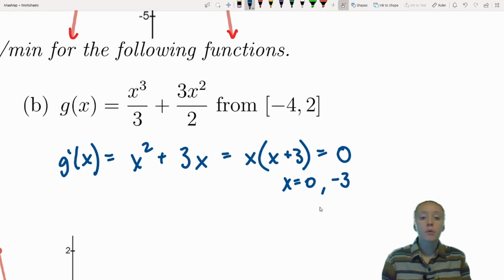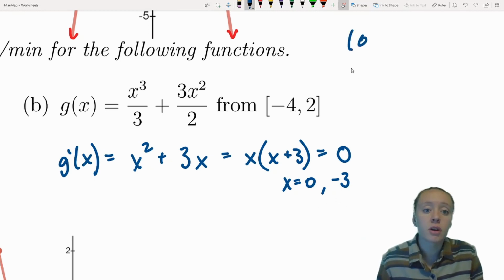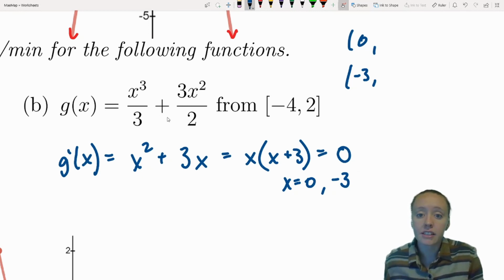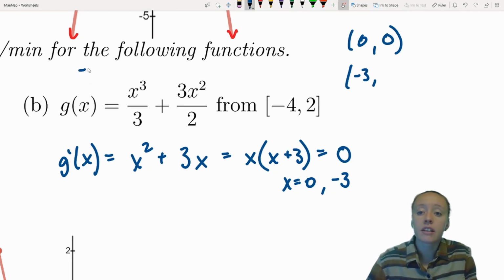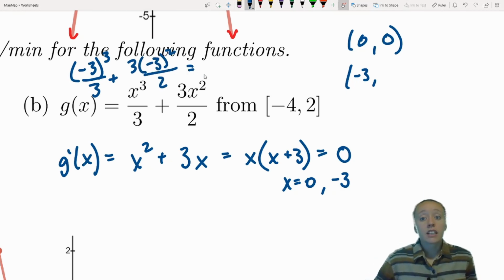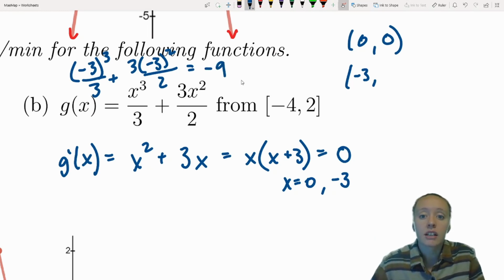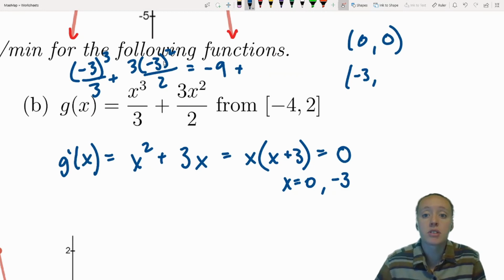So first, let's figure out what my function values are when x is 0 and when x is -3. When x is 0, plugging 0 in for x, I'm going to get 0 for y. And when x is -3, if I plug -3 in, I would get -3 cubed over 3 plus 3 times -3 squared over 2. -3 cubed is a -27, but if I'm dividing that by 3, that's going to be a -9, and then I'll add that to 3 times -3 squared is 3 times 9, which is 27, so that's 27 over 2.